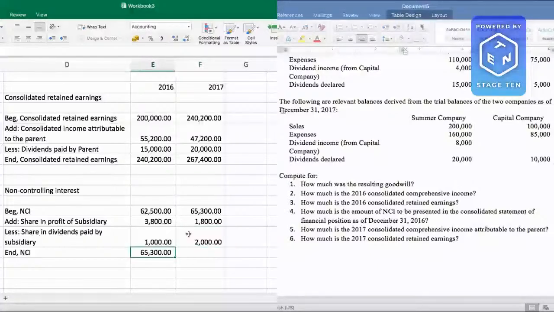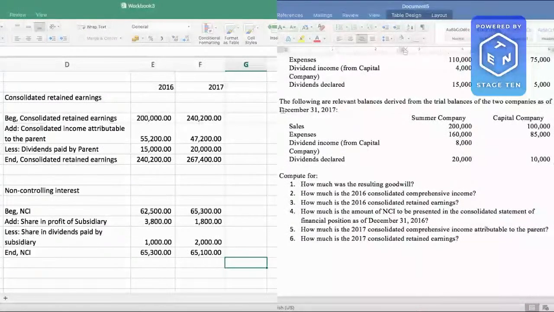And this should give us our ending NCI, class, in the amount of 65,300 minus 2,000 plus 1,800. We will have 65,100.